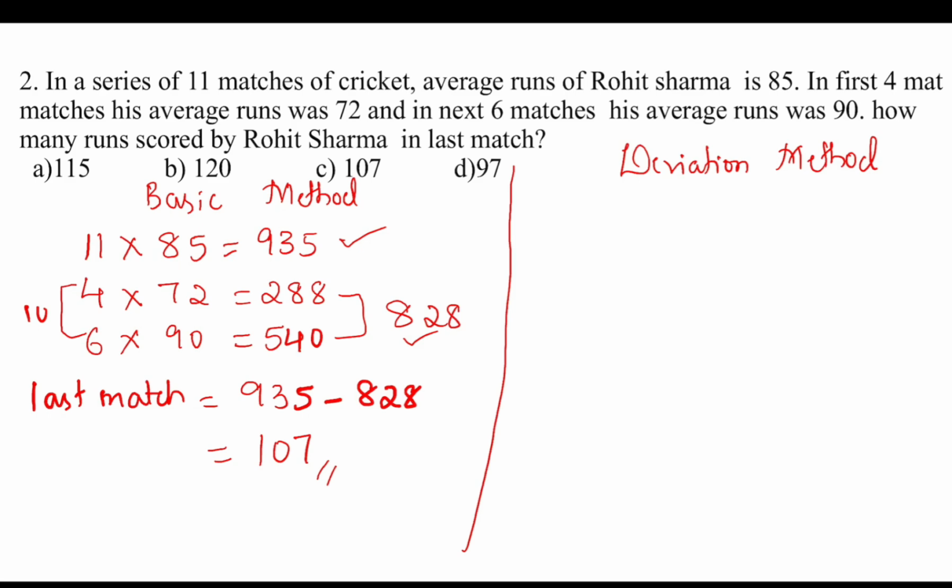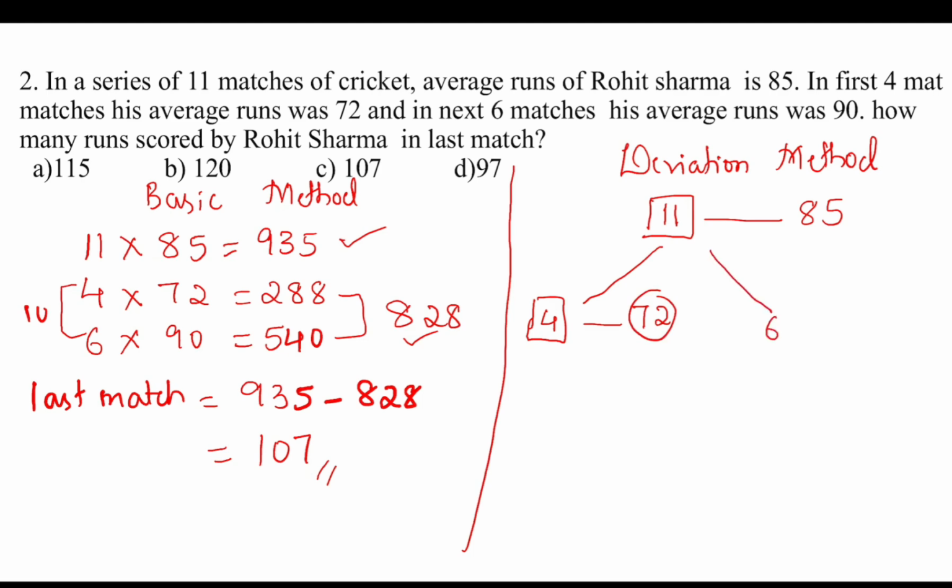Now we know that in total 11 matches, what is the average scored by him? 85. Average of runs of Rohit Sharma is 85. Next, in first 4 matches, his average runs are how much? 72. And in next 6 matches, his average runs are how much? 90.